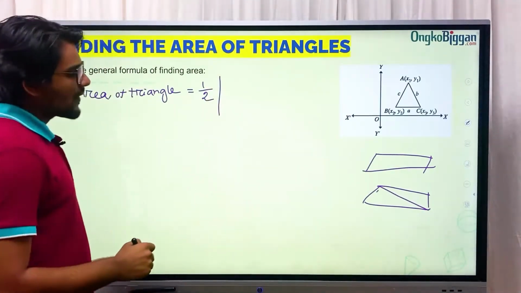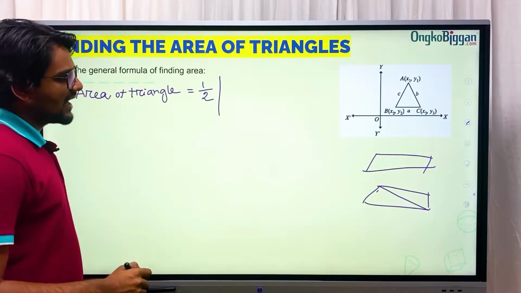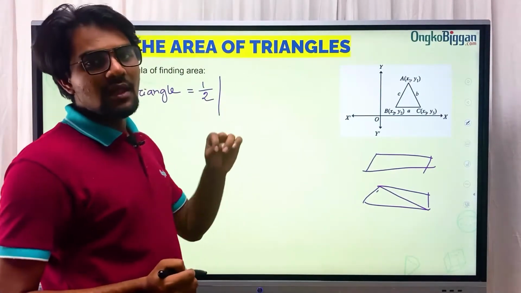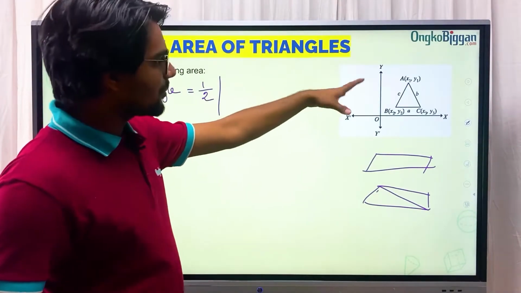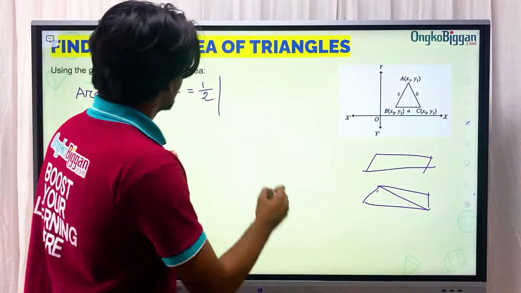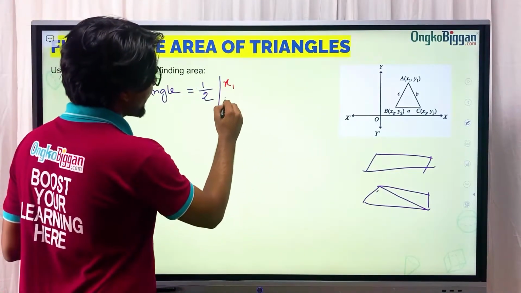So how do we find the area? What we're going to do is write the coordinates of the points or the vertices in a special way. That is x1 y1.